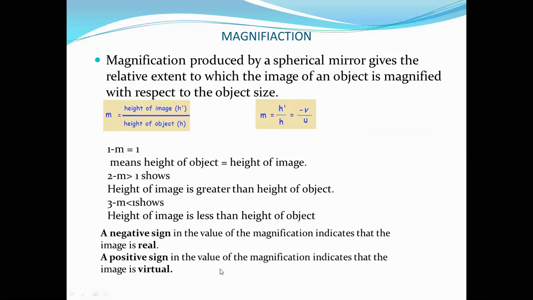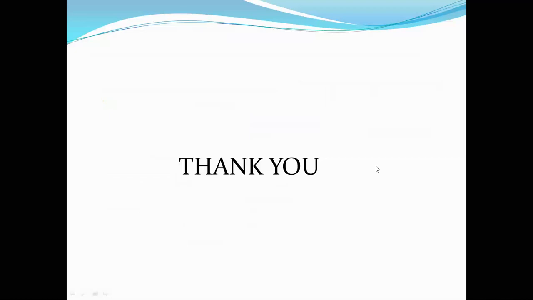And if the value of M is +0.5, plus sign shows virtual and erect, and 0.5 shows that the height of the image is less than the height of the object. In this way, we understand the magnification and the nature of the image. So this is all about the sign conventions of concave and convex mirror.